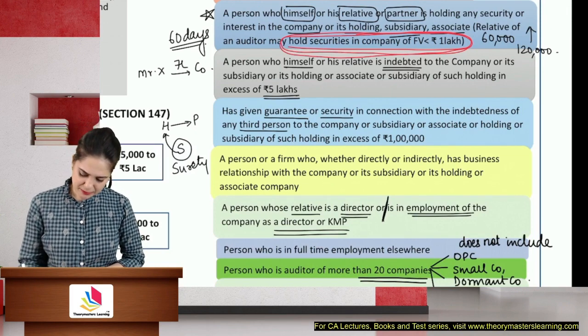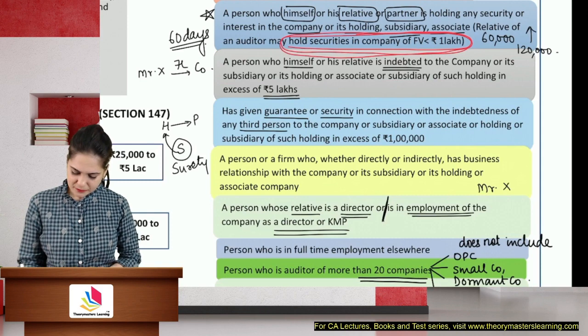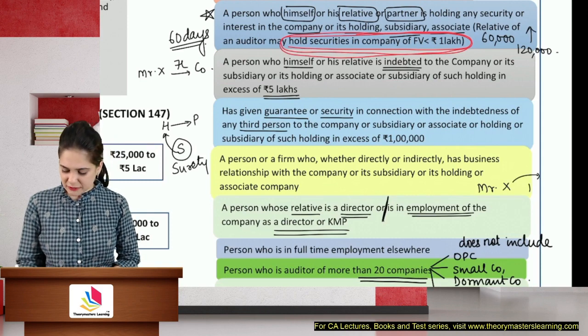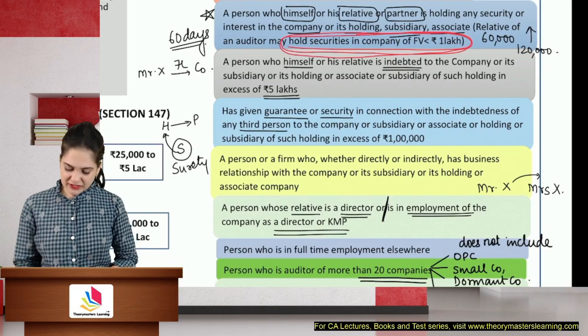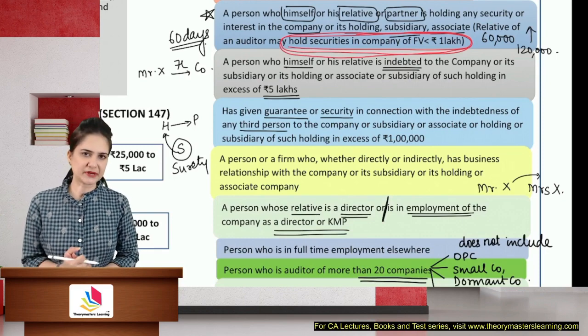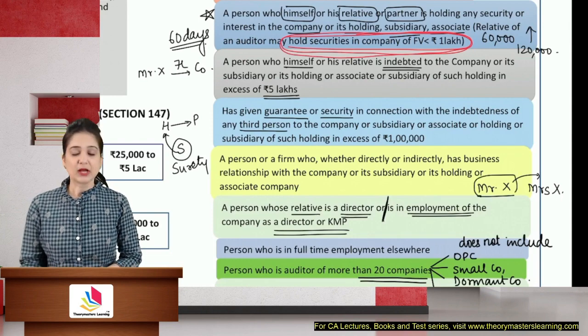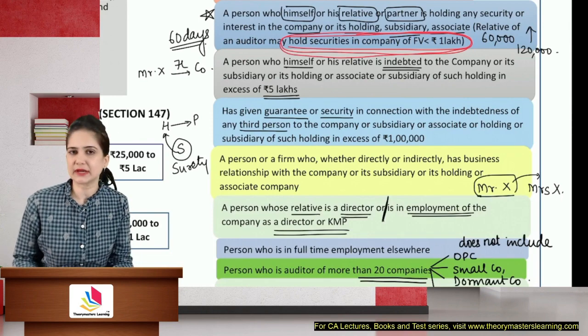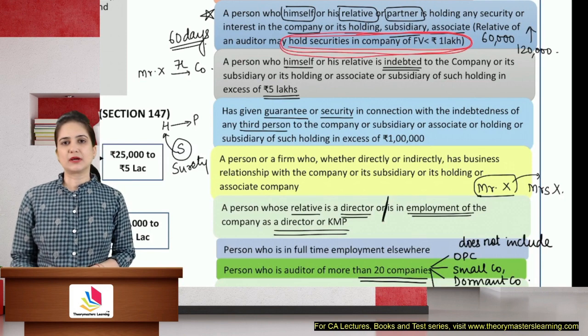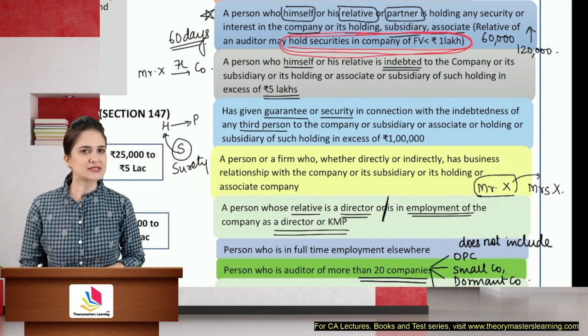So let's say, for example, that Mr. X and his relative Mrs. X, wife. Okay, wife is relative. So wife is the director of the company. So Mr. X cannot be appointed as auditor. Wife is a whole-time director of the company. X cannot be appointed as auditor.